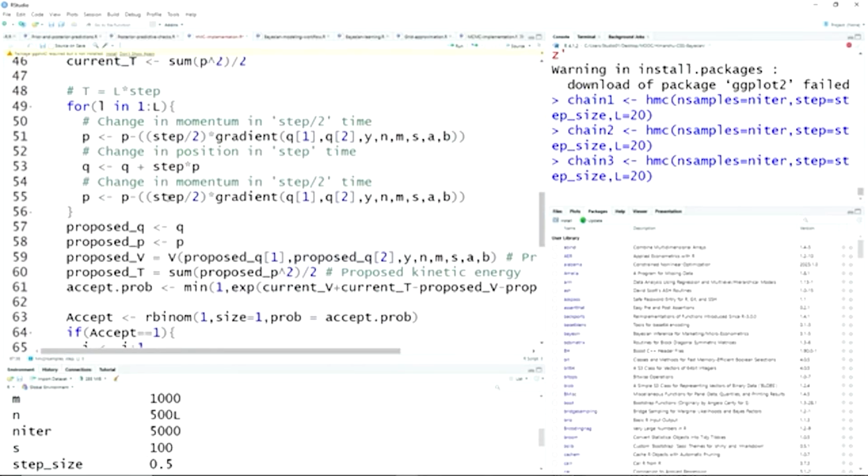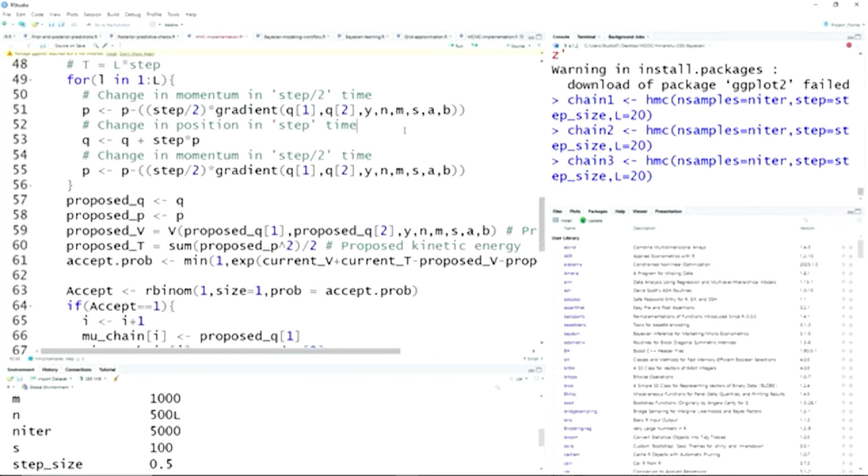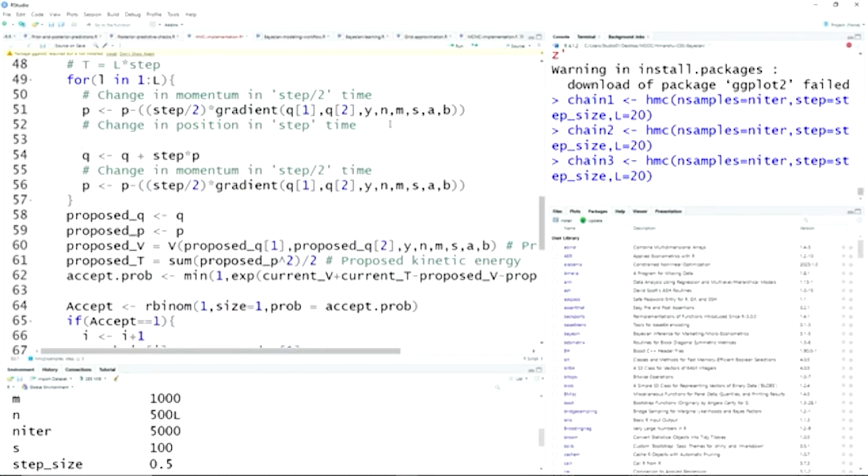So what can we do here to ensure that this does not happen?